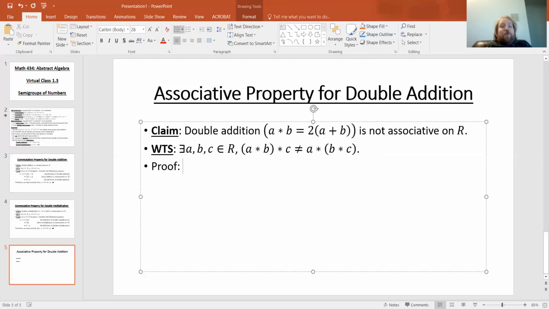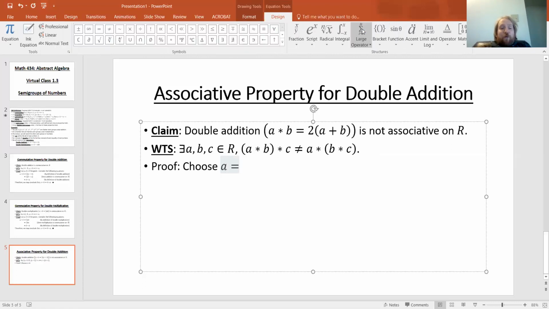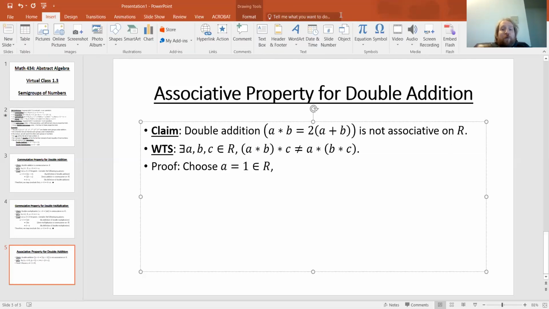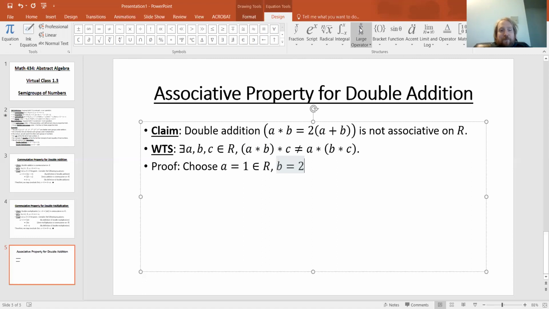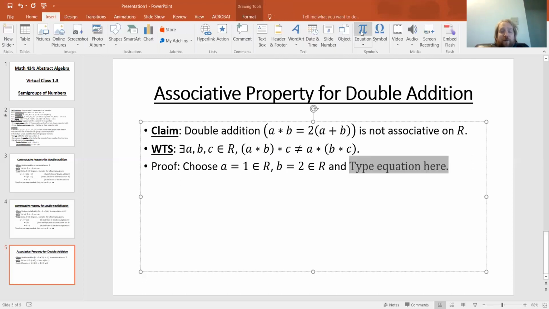So proof. Choose A equals 1 in the reals, B equals 2 in the reals, and C equals 3 in the reals.